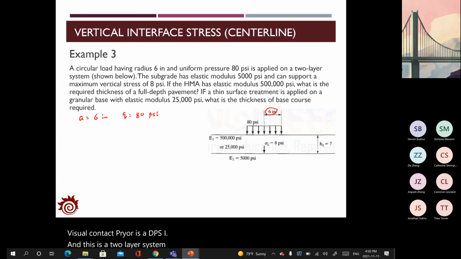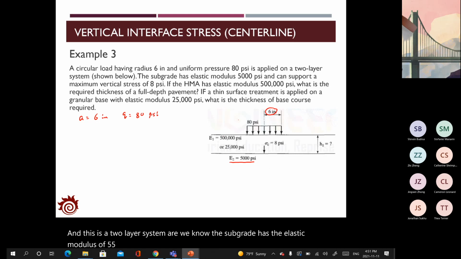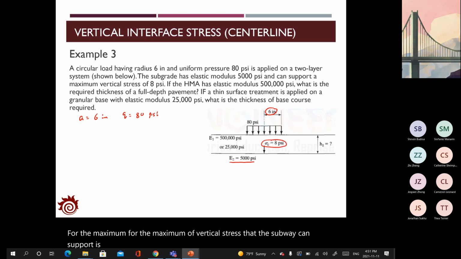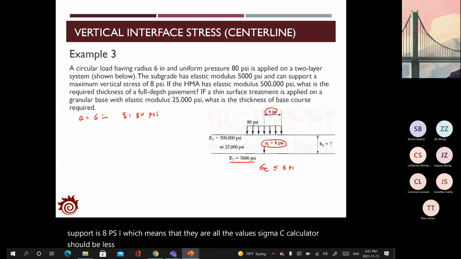We know the subgrade has the elastic modulus of 5,000 psi. The maximum vertical stress that the subgrade can support is 8 psi, which means that all the values of sigma c you calculate should be less than 8 psi. Otherwise, it will make the subgrade fail to support the pavement structure.